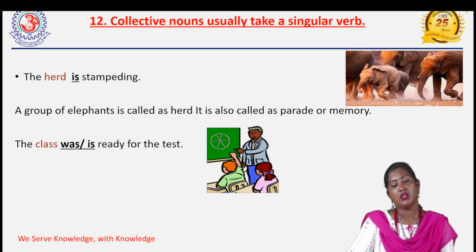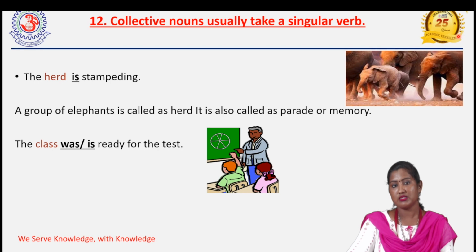Okay. Collective nouns usually take a singular verb. As I told you, collective nouns: the herd is stampeding. What is meant by herd? A group of elephants is called a herd, or sometimes it is called a parade or memory. So in that case, herd is singular.